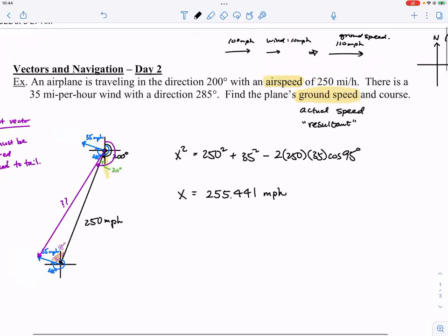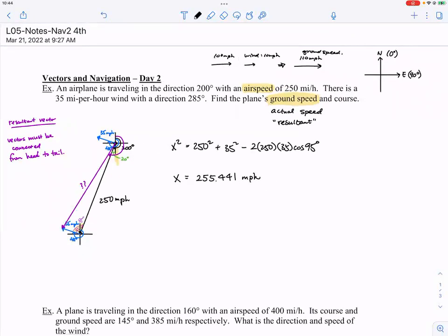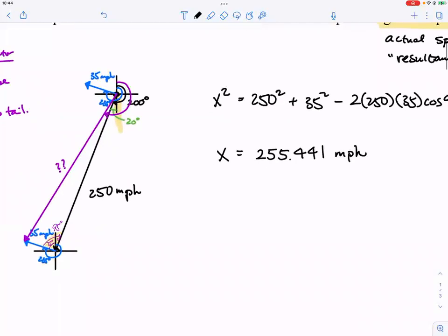Those things you want to make sure you input correctly. So we got the ground speed. With the influence of the wind, the actual airplane speed observed from the ground, the actual traveling speed, is 255.441 miles per hour.